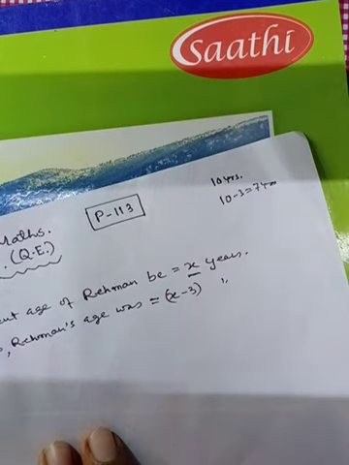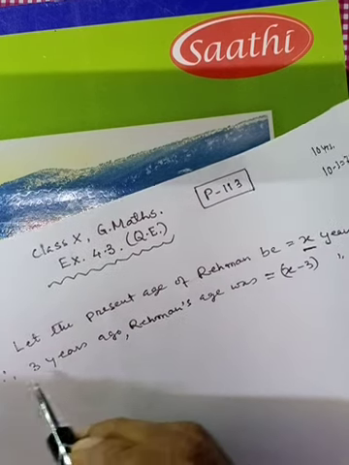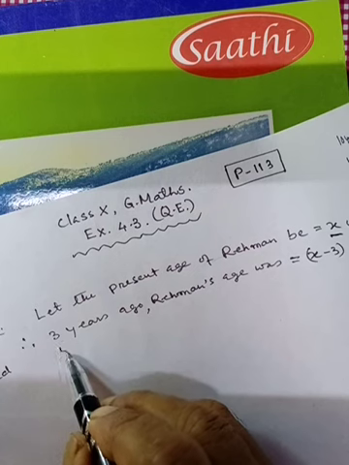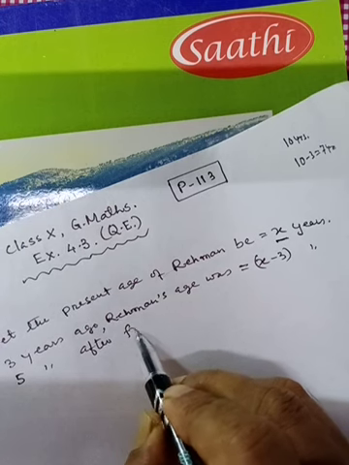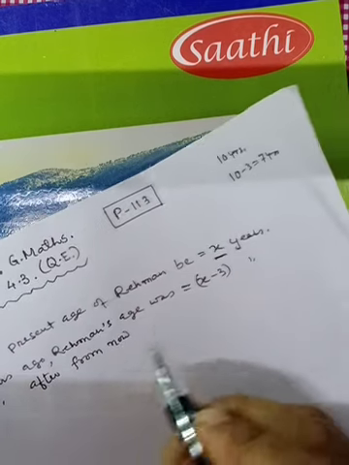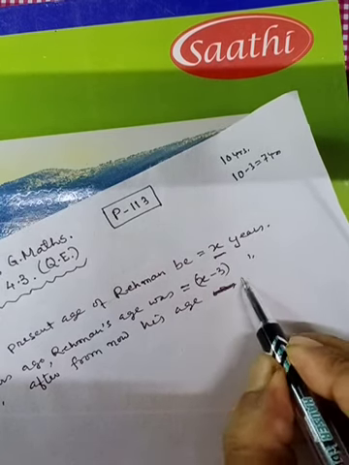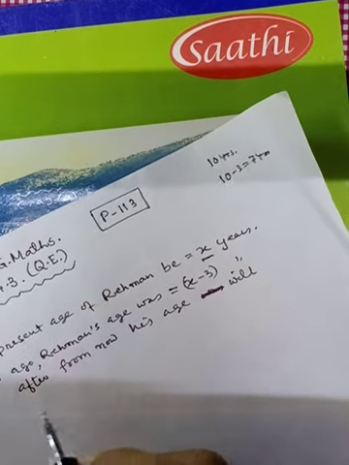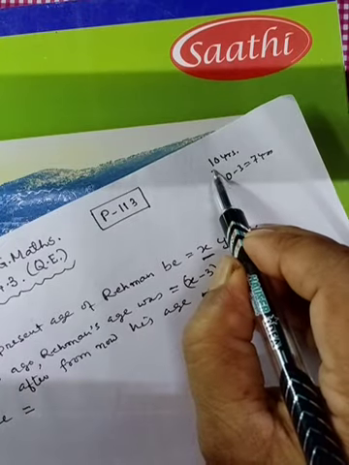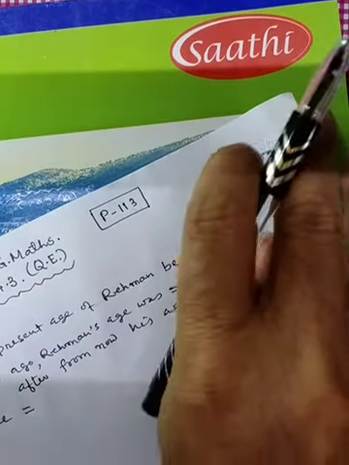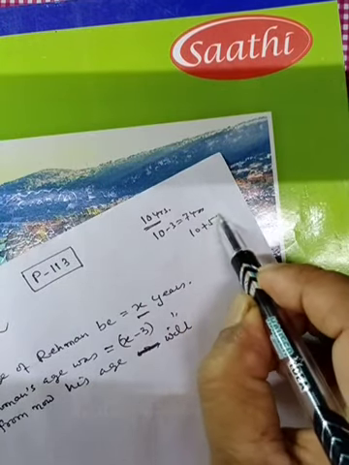Again, 5 years after from now, his age will be... If Rahman's present age is 10 years, 5 years after his age will be 10 plus 5, simple, 15 years.